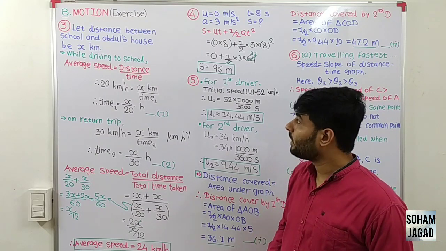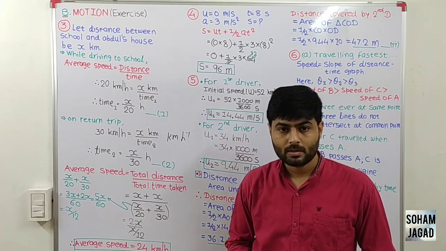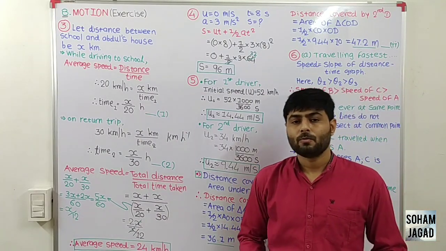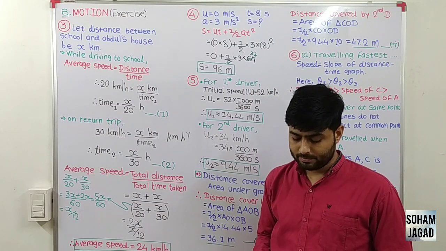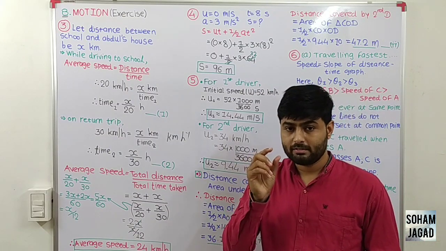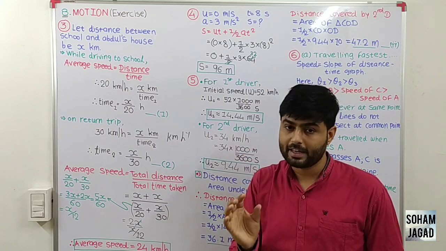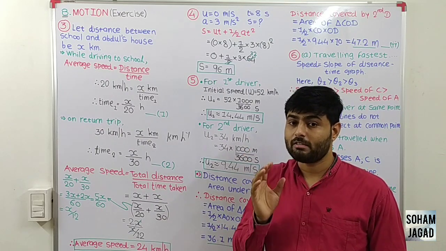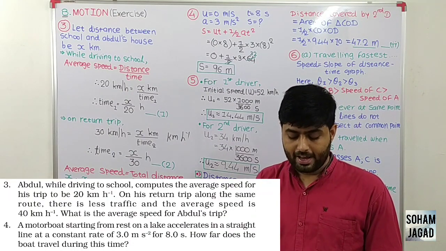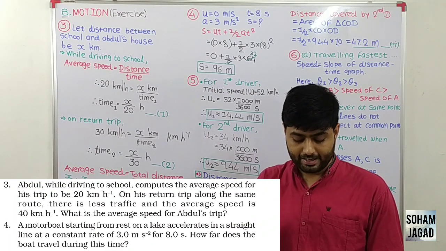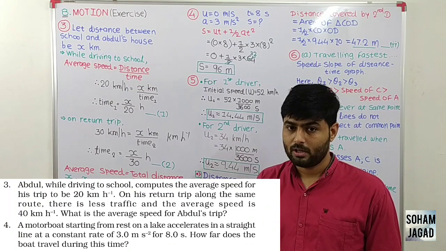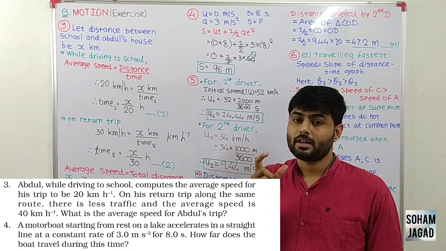Now let us look at the fourth numerical. So let's take the data. The fourth numerical is given as: a motorboat starts from rest. Look at the words start from rest, which means initial velocity is 0. On a lake, it accelerates in a straight line at a constant rate of 3 meter per second square. Look at the words constant rate.